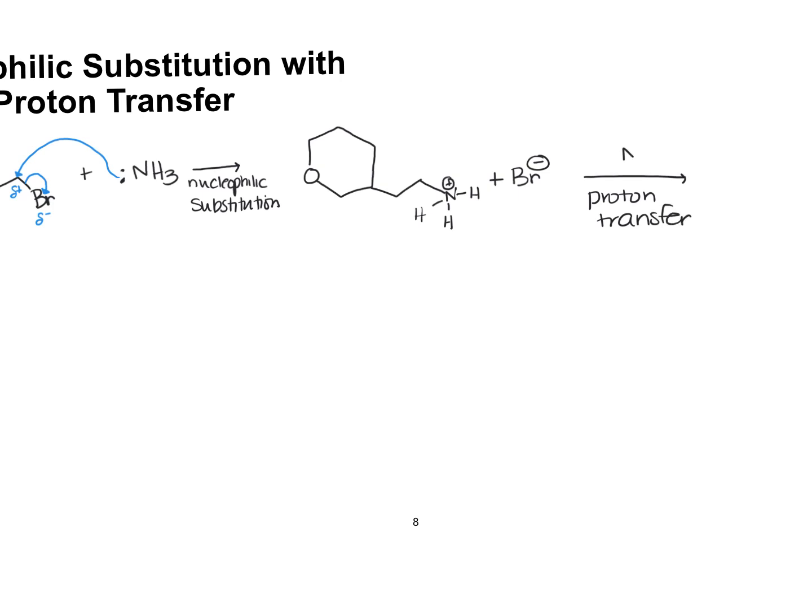Where another molecule of the ammonia, there's plenty of those ammonia molecules running around, right? There's lots of them, is going to come in, and it's going to come over there, and it's going to steal a proton. Oh, I don't like that color because I want it to stand out. There we go. It's going to come over here. It's going to steal a proton. Those electrons are going to go right back on that nitrogen.